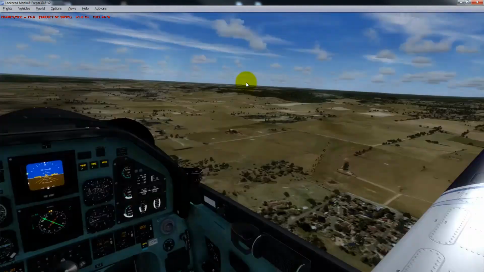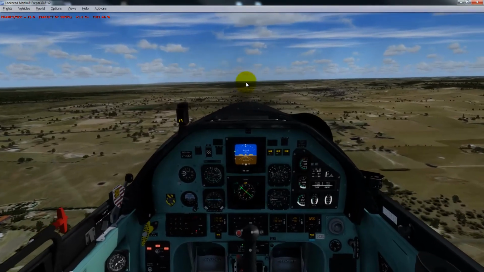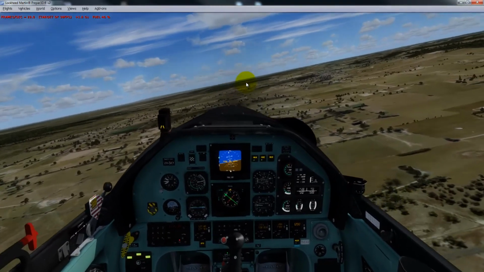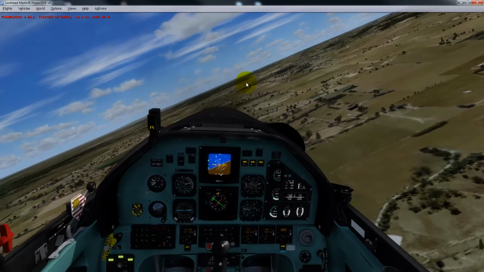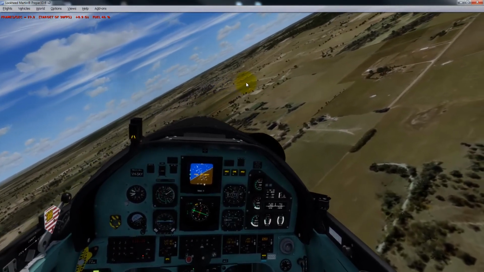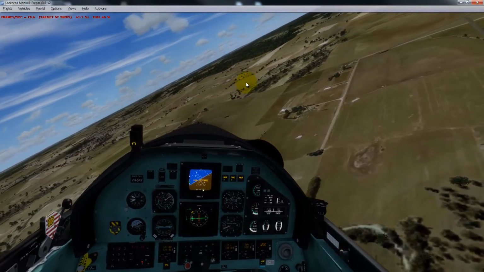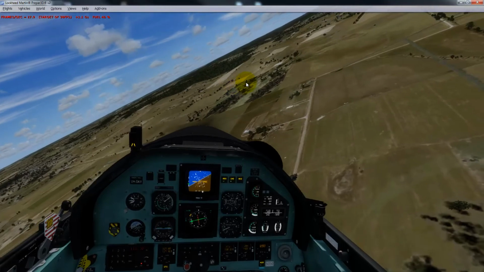So we're at base, landing gear down, flaps down, begin our turn around, letting the nose drop, bringing the power off.